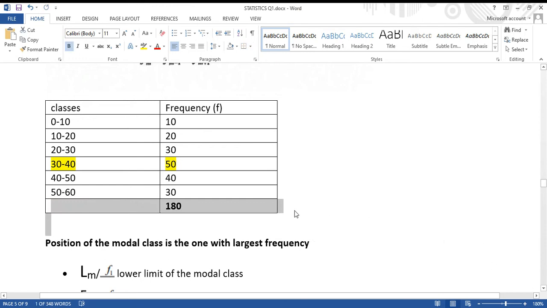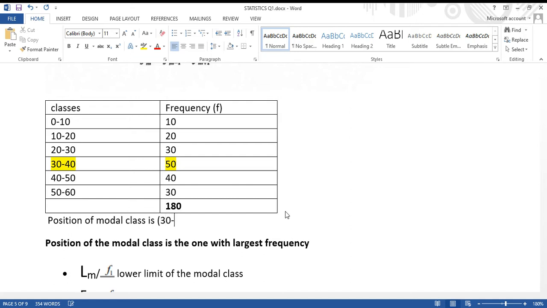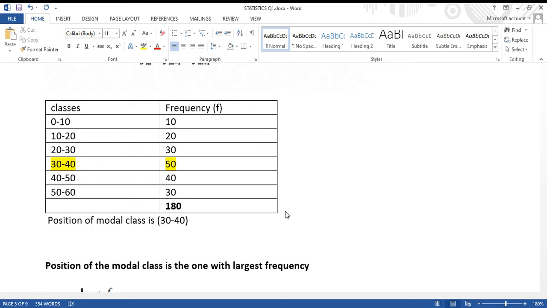Now we have to find the lower limit of the modal class. So it's in the class range of 30 to 40. So we determined our class. Find the lower limit.